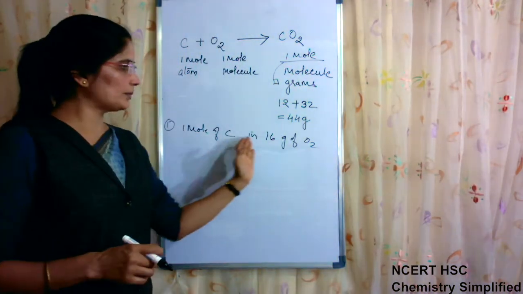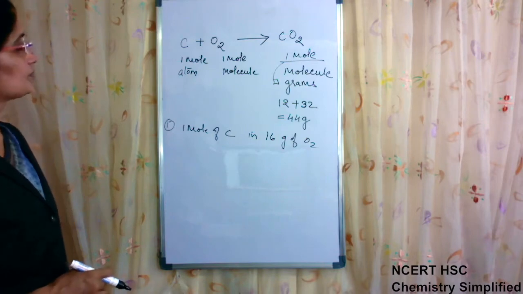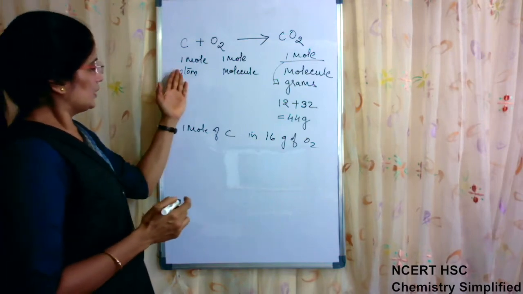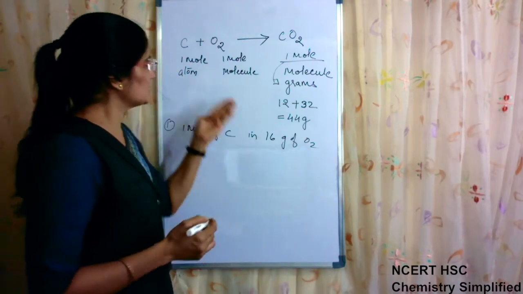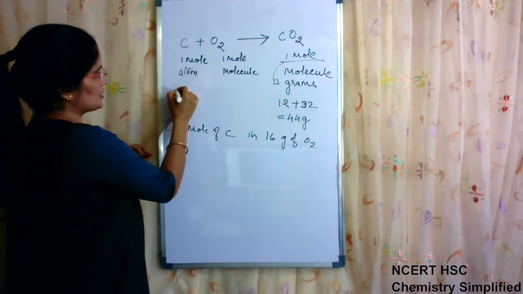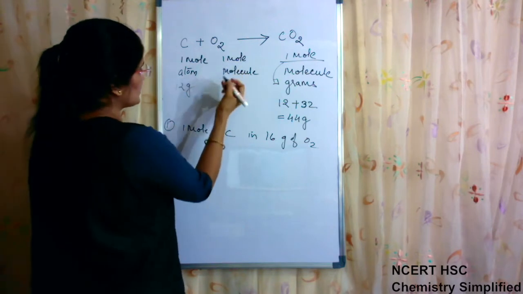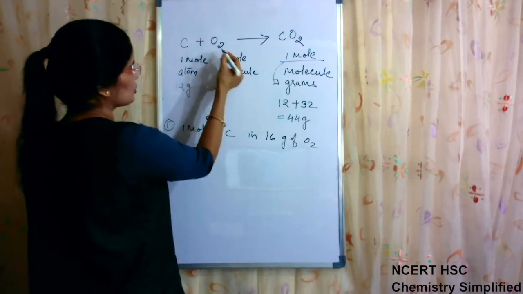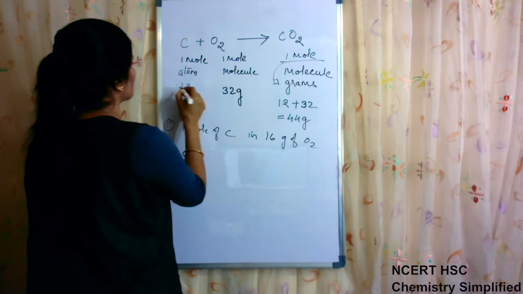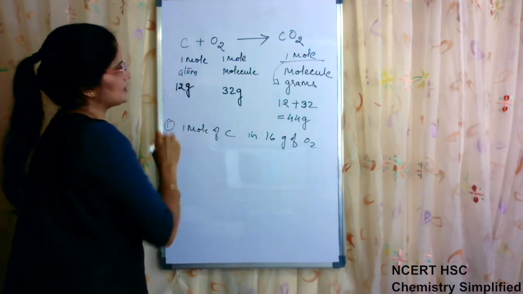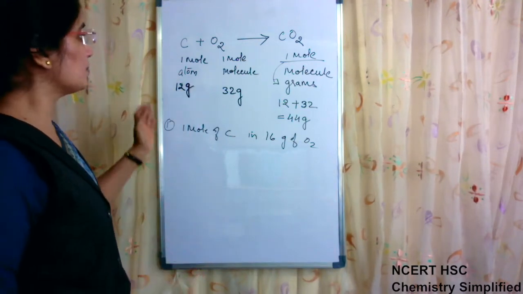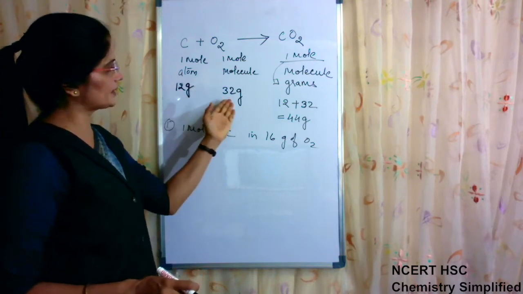So 1 mole of carbon in 16 grams of dioxygen. So what will happen? Again in this case we have to think that 1 mole means carbon is 12 grams. Okay. Then 1 mole oxygen molecule is actually 16 into 2, that is 32 grams.